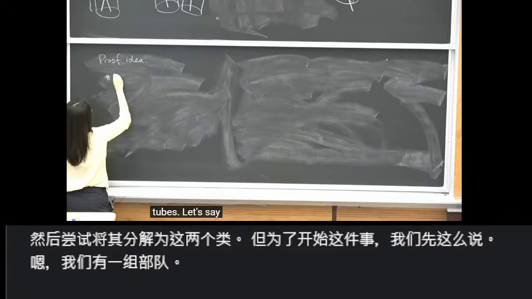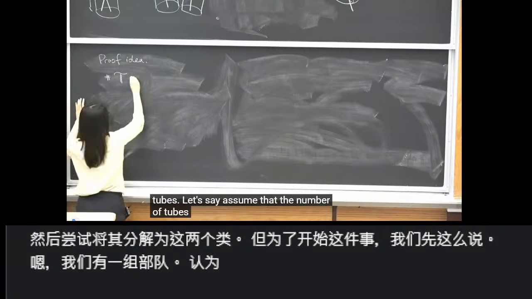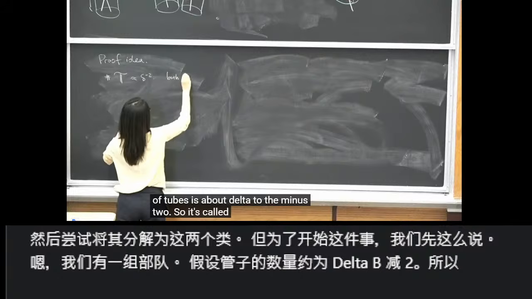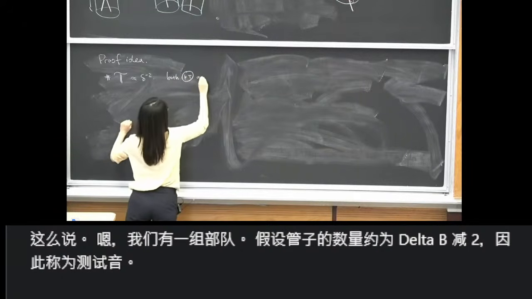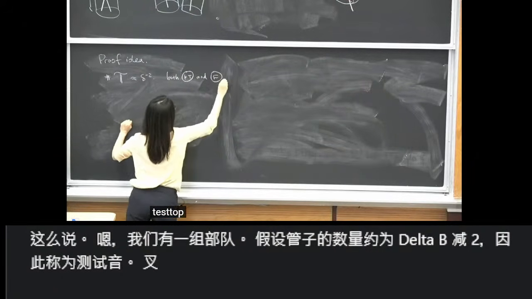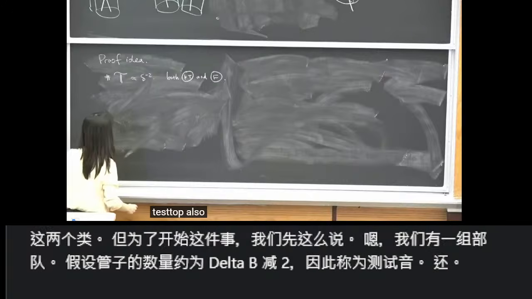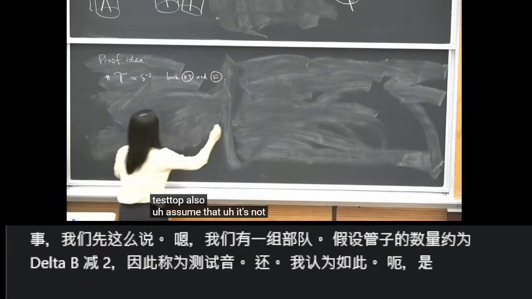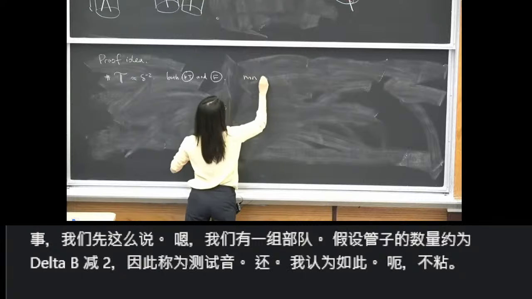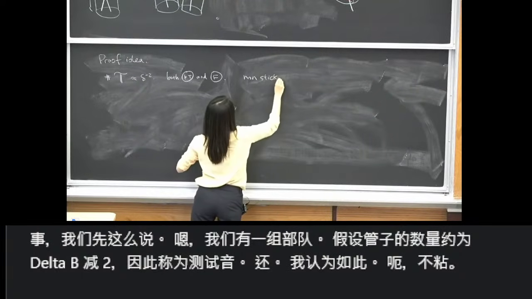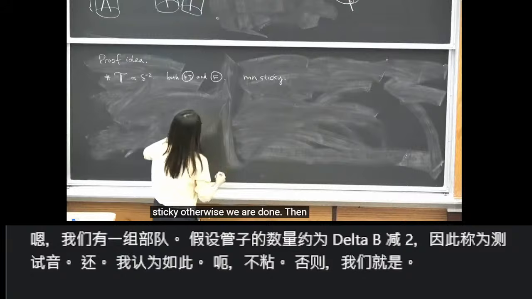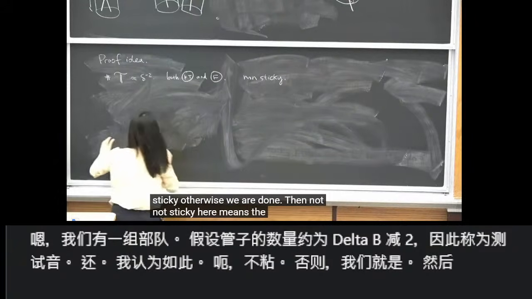Let's say, assume that the number of tubes is about delta to the minus 2, and so it's both Katz-Tao and Frostman. Also, assume that it's not sticky. Otherwise, we are done.